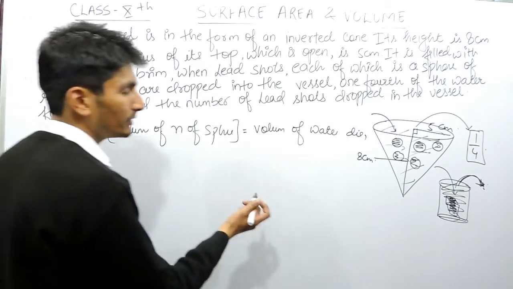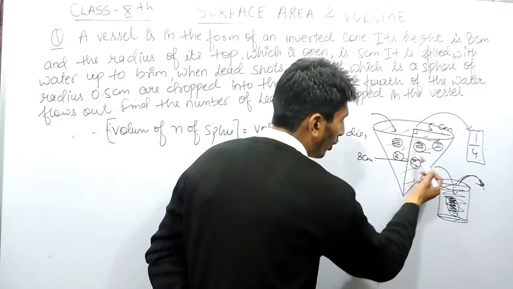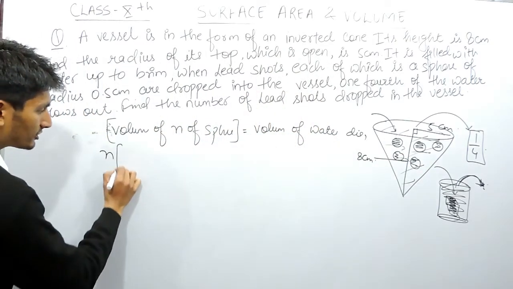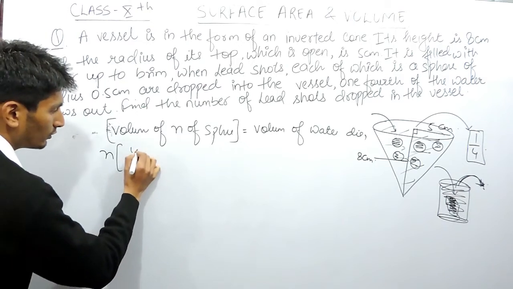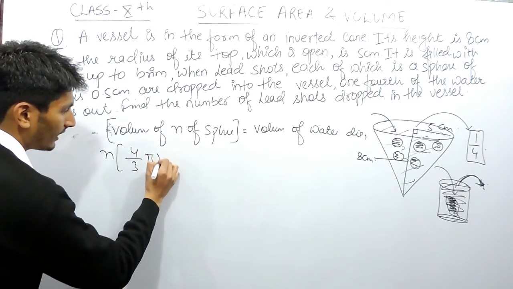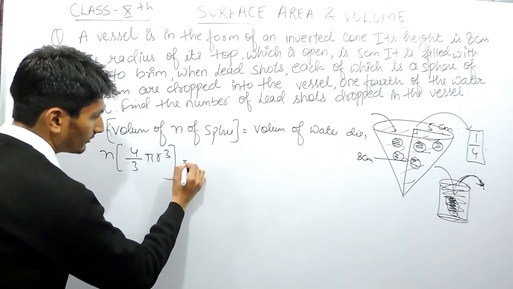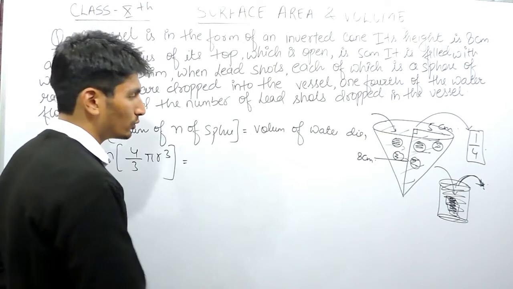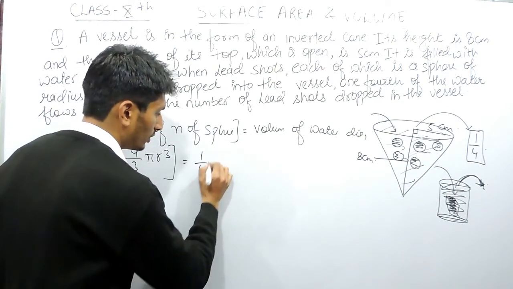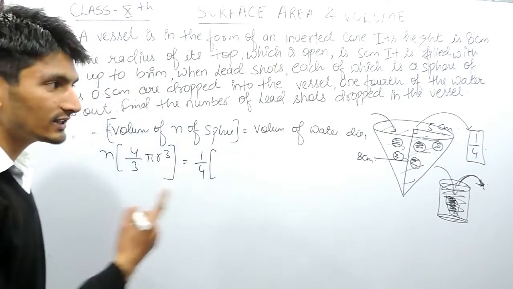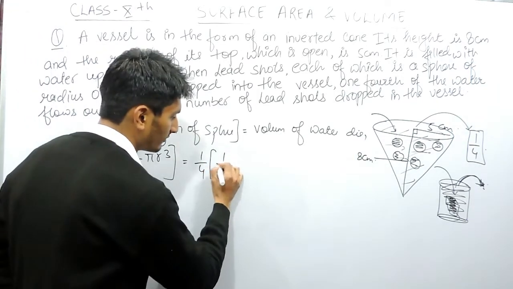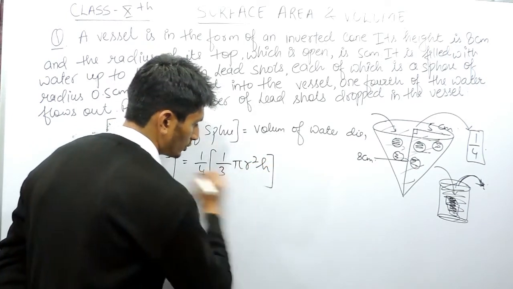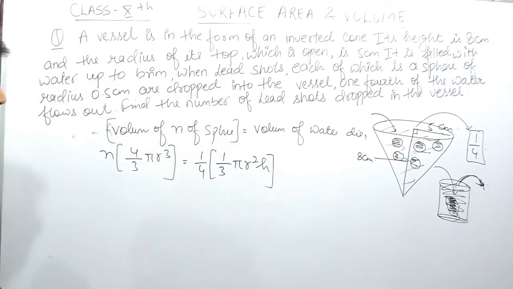Because the volumes of all the spheres are equal, the n number of spheres and the volume of a sphere, 4/3 pi r cube, will be equal to the volume of water which has been displaced, which is equal to the 1/4 of the volume of this cone, and the volume of cone is 1/3 pi r square h.